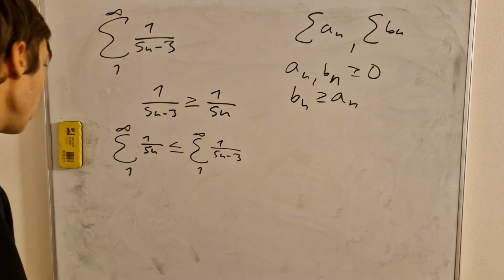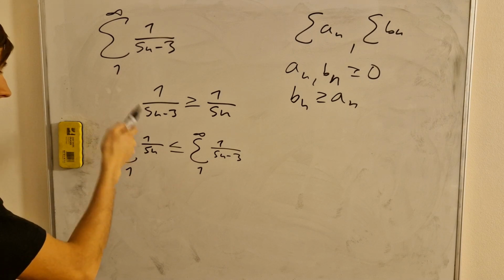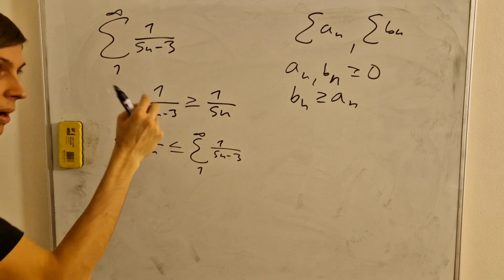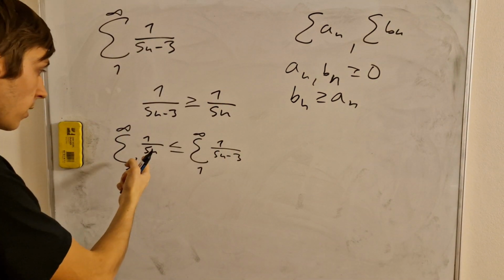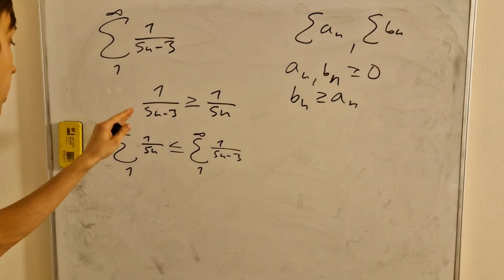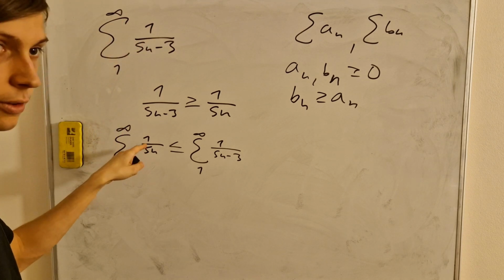So what we found in this case is exactly that. We found a smaller series such that every term is smaller, even though it's just by a little bit. It's never bigger, it's always smaller. So for that reason, we can prove that this will diverge as long as this diverges.